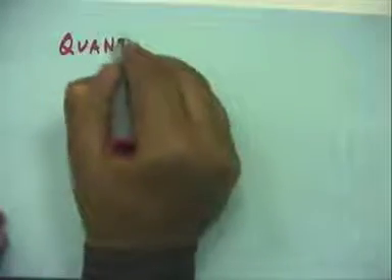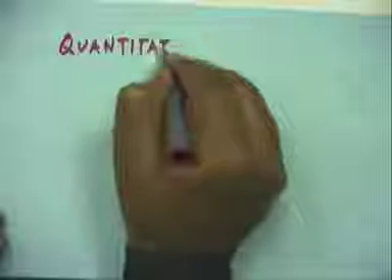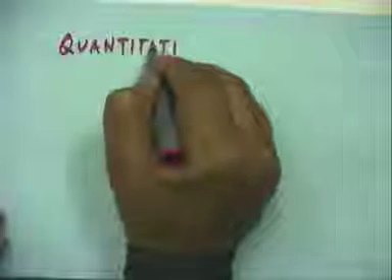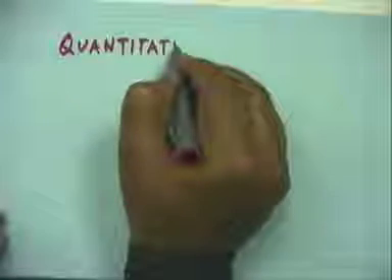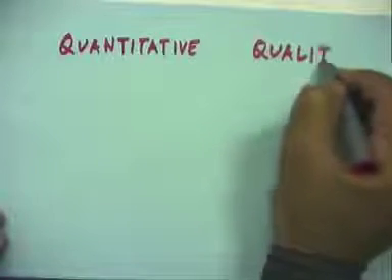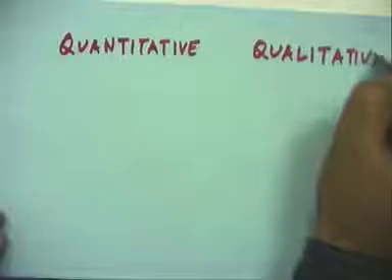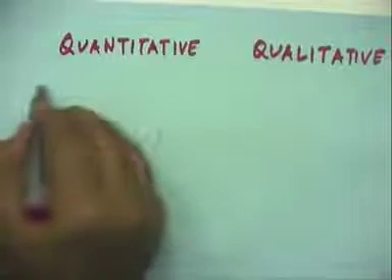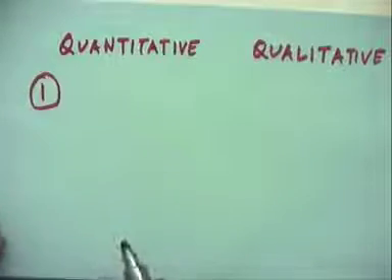So I write it here. This is my quantitative criteria. And here is my qualitative criteria. Right? So can you tell me which one will come under this?